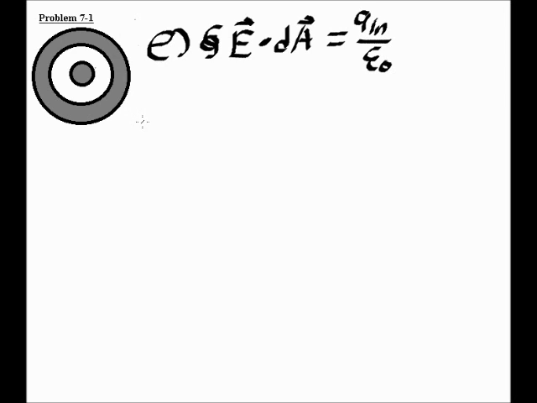Part E asks for the surface charge density of the outer surface of the conducting shell.